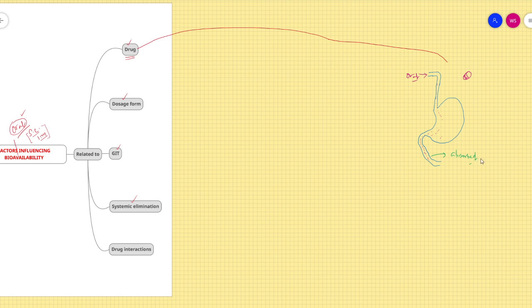If it's highly lipophilic, then it would be absorbed into the lymphatic system, and otherwise it would go into the blood. And from the blood, as we said, it would enter into the hepatic portal system, go into the liver, get metabolized, and then go into the systemic circulation, again blood.